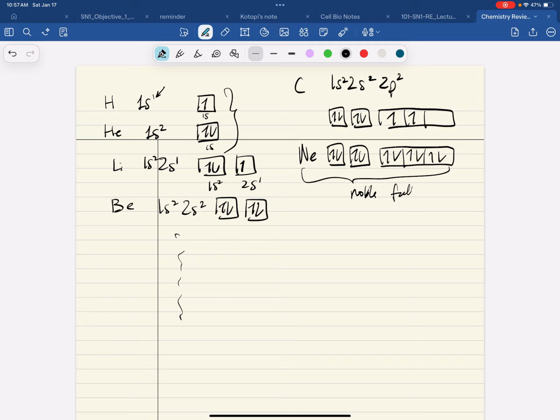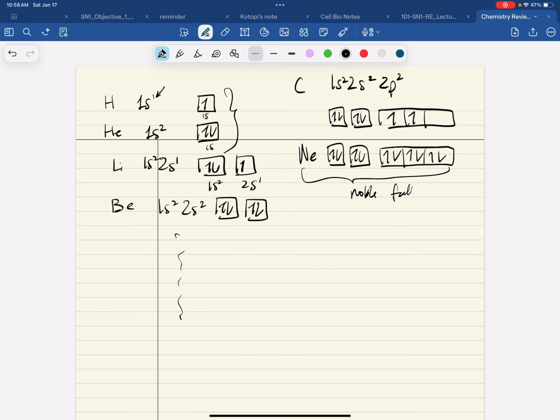And noble gas configuration can be the shortcut for, let's say, arsenic. Arsenic is not that far, but it's somewhere in the middle of the periodic table. We're not going to write 1s2, 2s2, 2p6, and then 3s2 and 3p6, and then 4d10, because it's going to be too long.